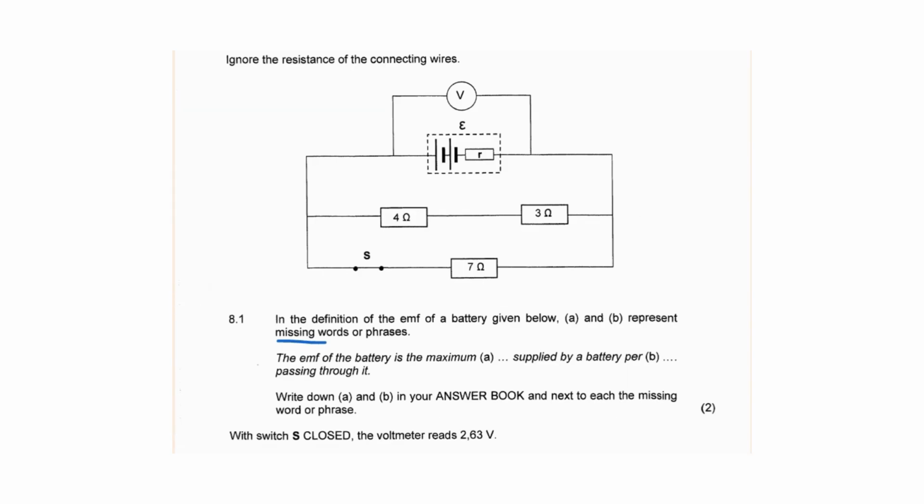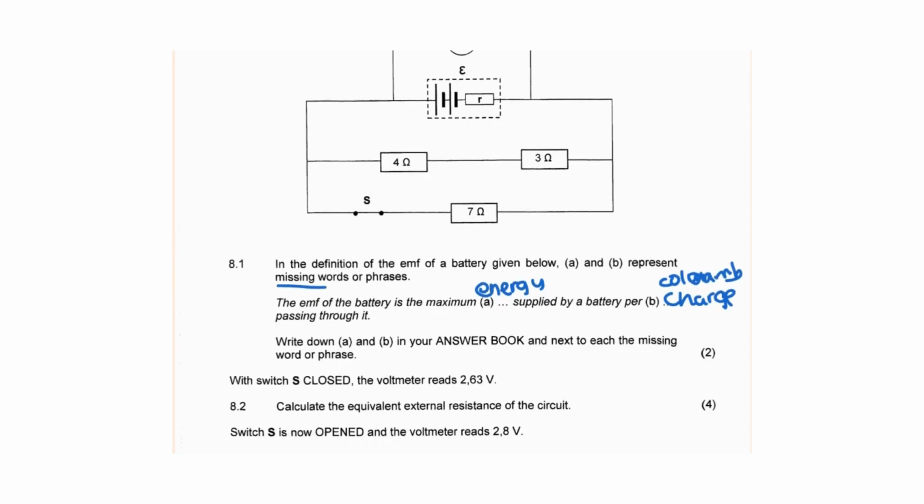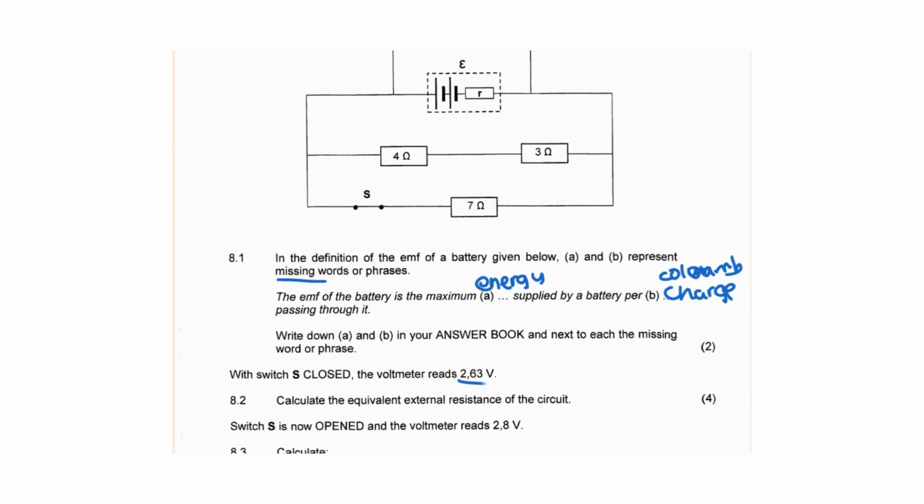So our A, we know the definition of EMF is the maximum energy supplied per coulomb charge passing through it. Okay, and then question 8.2, with switch S closed, the voltmeter reads 2.63 volts.